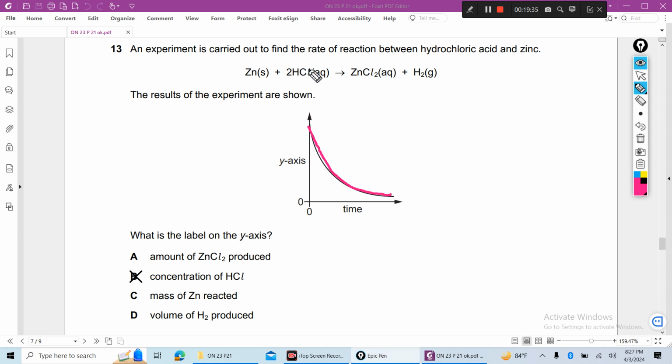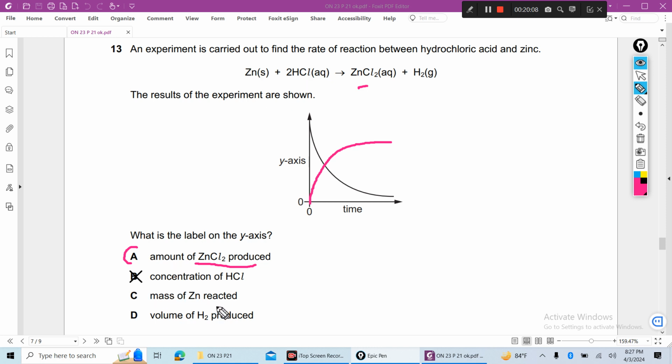So this will be the concentration of hydrochloric acid, which decreases with time, because hydrochloric acid reacts with zinc. So the y-axis will be the concentration of hydrochloric acid. But why is A wrong? Amount of zinc chloride produced is the product, so it will be this type of graph, increasing with time.